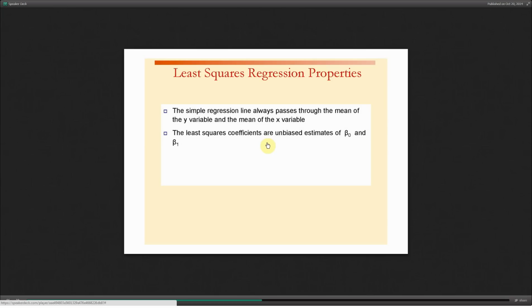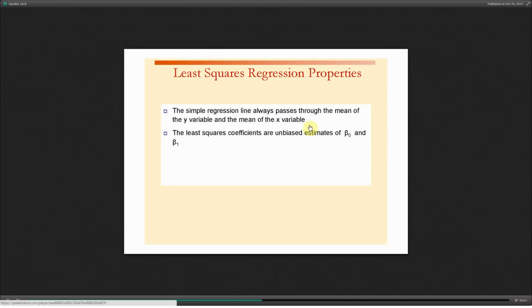Unbiased meaning that the expected difference between the estimate and the actual population value on average is 0. So that might be a little bit of a technical way of looking at it. The idea is that the estimates are not skewed up or down. It's just right in the middle.